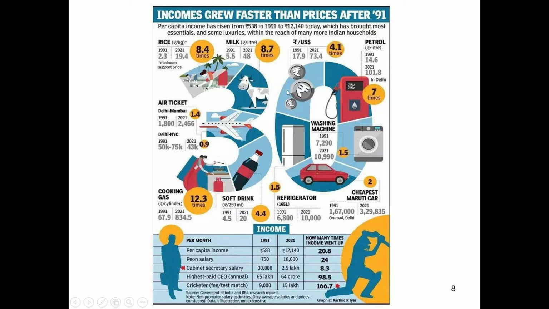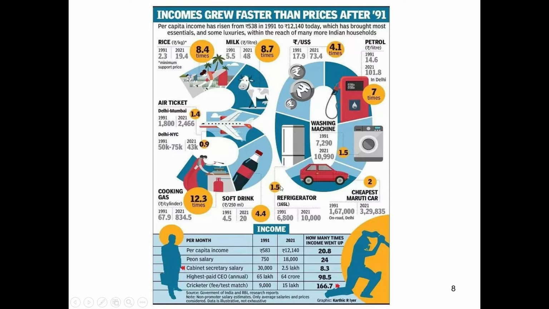Now the US dollar versus the Indian rupee increased 4.1 times. Petrol increased 7 times in Delhi, a washing machine 1.5 times, and the cheapest Maruti car, in 30 years, only doubled in price, and a refrigerator 1.5 times.